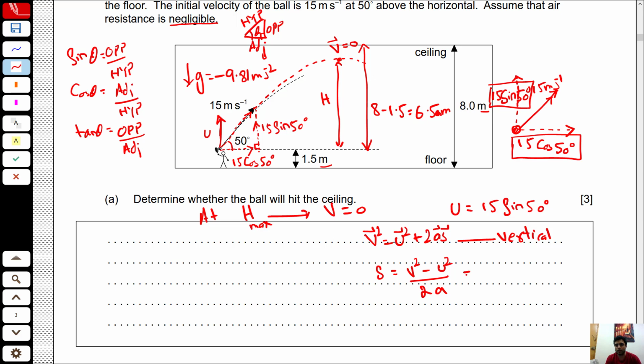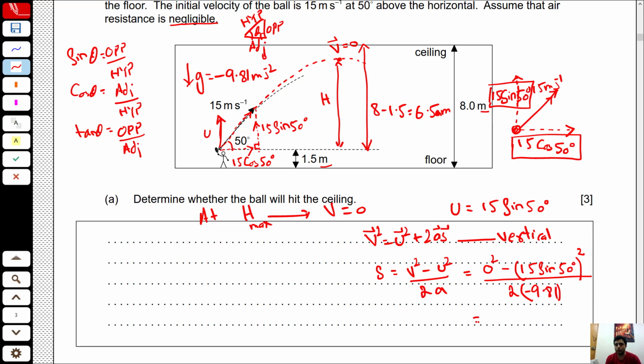Now let's input the values. The final vertical velocity achieved at the maximum possible height is 0. The initial vertical velocity is 15 sine 50, the vertical component of the resultant velocity. So it's going to be 15 sine of 50 degrees, take the whole square, and then divide by 2 times a, where a is negative 9.81.